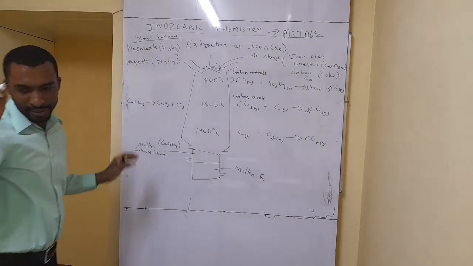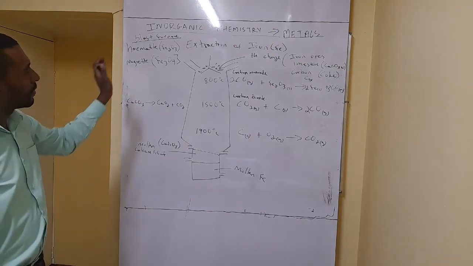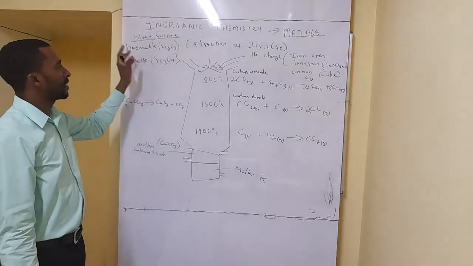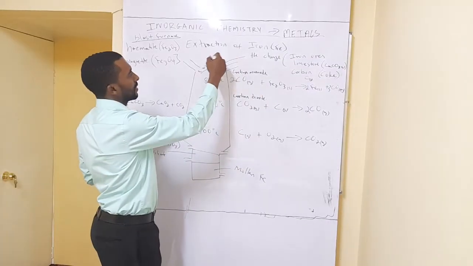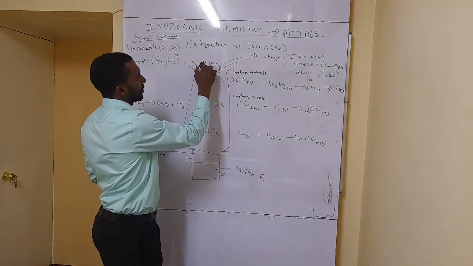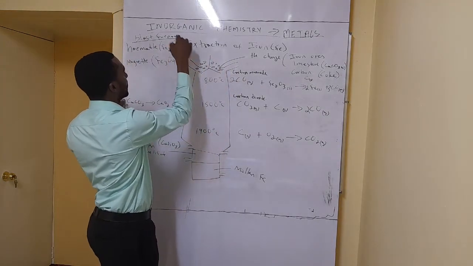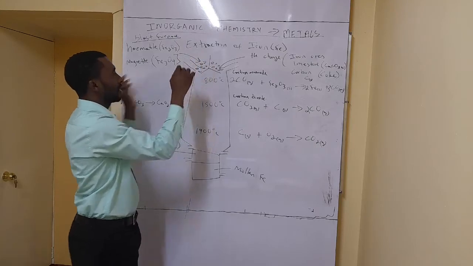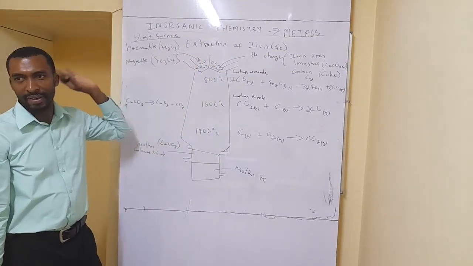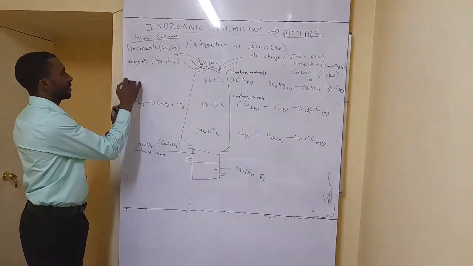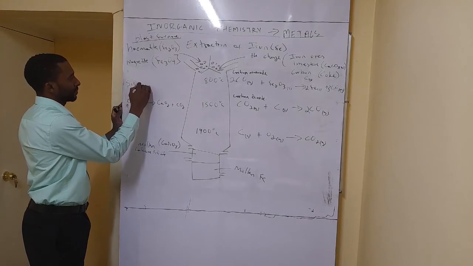Alright. So what happens is that because the iron that is put here is impure, you will have impurities such as silicon dioxide in it as well, right?